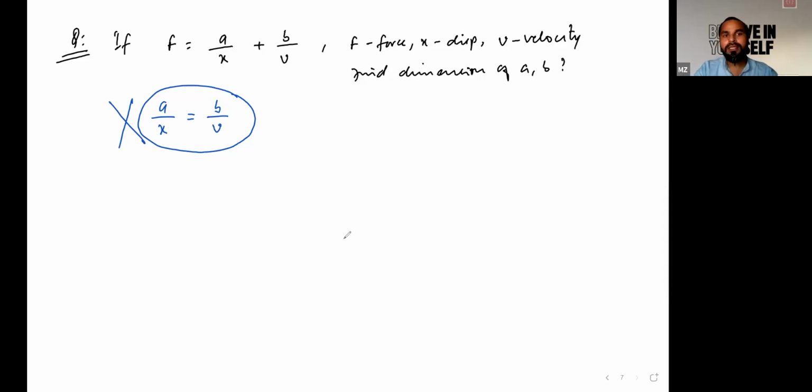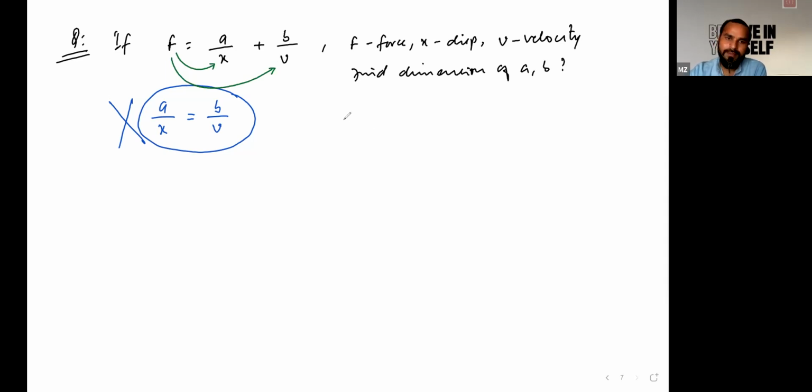So there is another relationship between these two terms. Just see, this whole part is equal to this particular force. So you can equate each of the parts directly to this force.